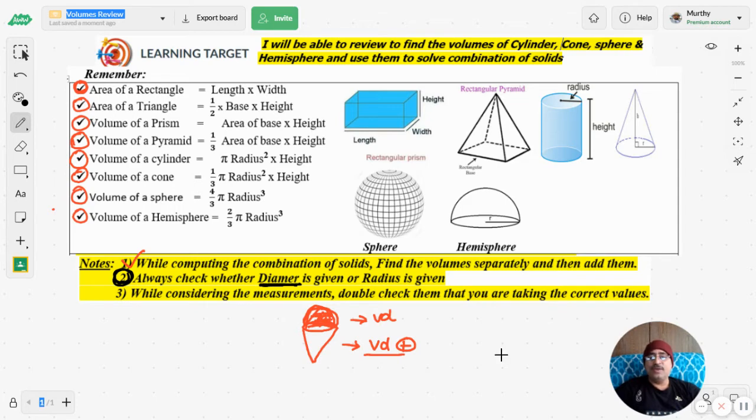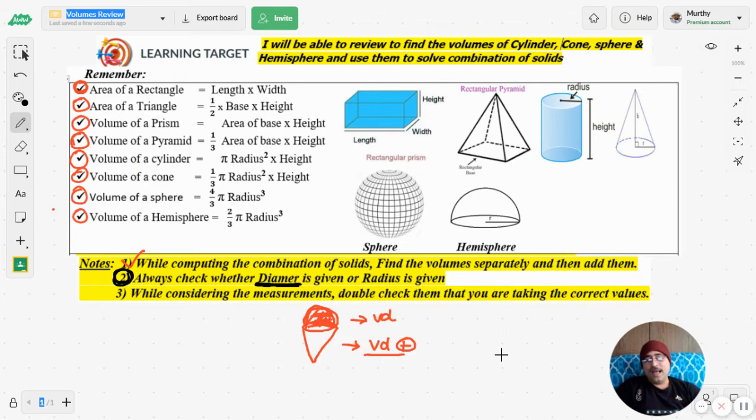Majority of the students, especially when taking a test in tension mode, find the volume taking the diameter in place of the radius. So always look at the question. If the diameter is given, first find the radius. You know that radius is half of the diameter.